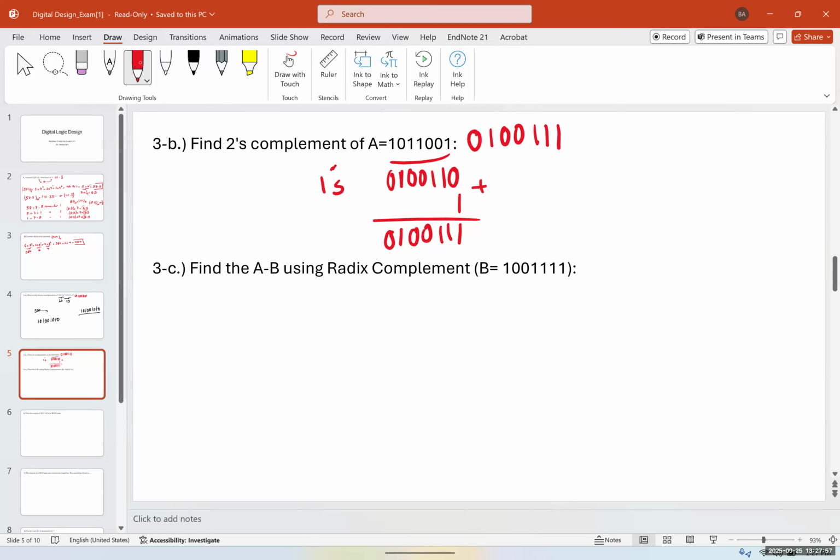Now, part 3C, we want to find the result of the subtraction A minus B using the radix complement of B. And B is equal to 1 0 0 1 1 1 1.